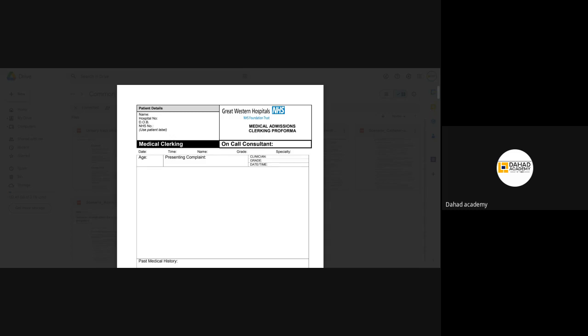So let's say the patient came to you, an 82 year old lady, presented to you complaining of stinging wee and increasing frequency and smelly urine, and she was confused over the last 2 days.